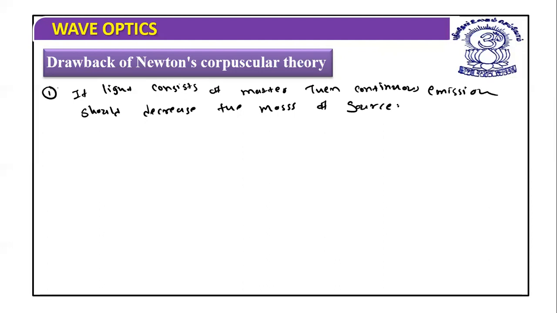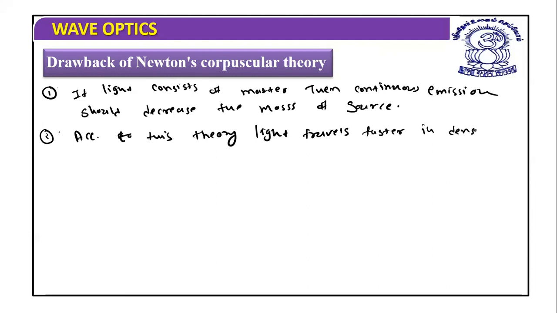The mass of the source does not change. The second drawback is, according to this theory, light travels faster in denser medium than rarer medium.